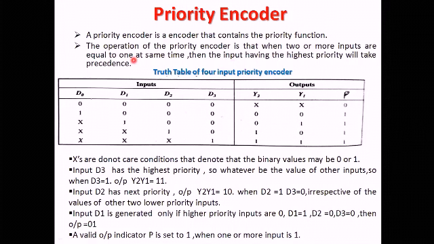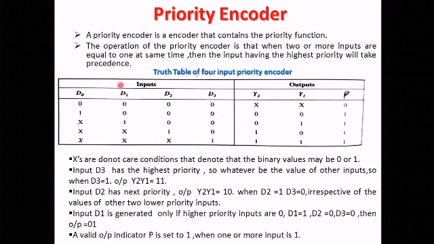In a normal encoder circuit, it would have given an erroneous output. But here, in the case of a priority encoder, as there is a priority function, the input having the highest priority will take the precedence.